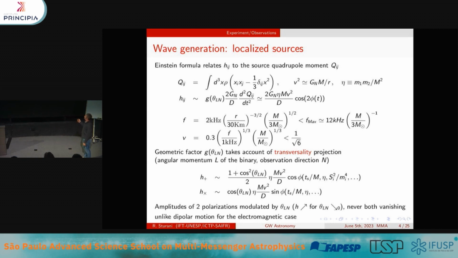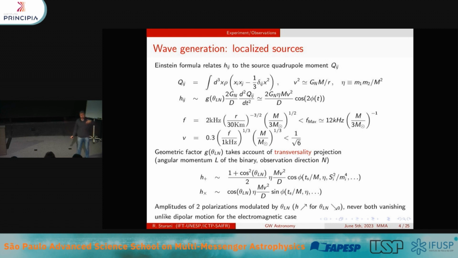The typical frequencies scale with the mass and the distance. Of course, the larger the distance between the two objects, the smaller the frequency, and at the end of the day, the distance is of the same order as the mass, so the peak frequency of the gravitational wave from a binary system scales as the inverse of the mass, okay? The frequency.